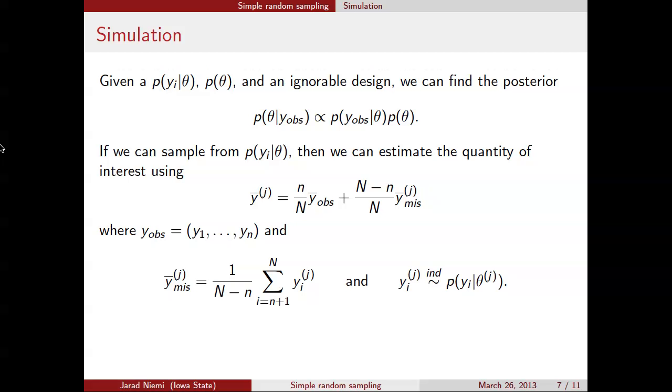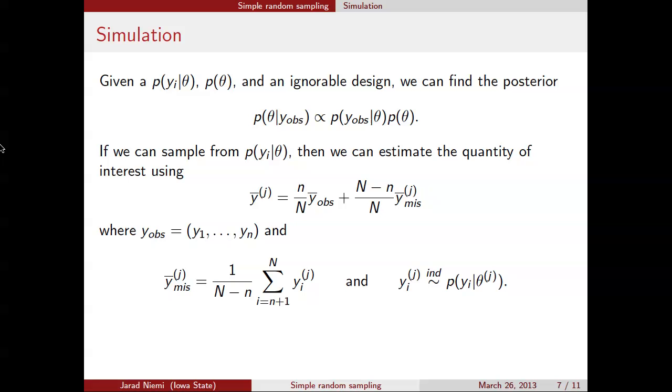Is it clear why it's a very brute force approach? Because we're simulating for every data point. I heard somebody ask why we don't just treat the missing data as parameters, and that's exactly what we're doing here. All the missing data are treated exactly the same way as any other parameter, for example theta.